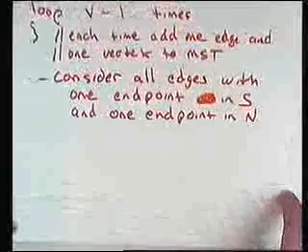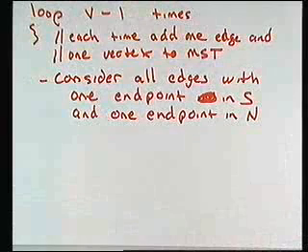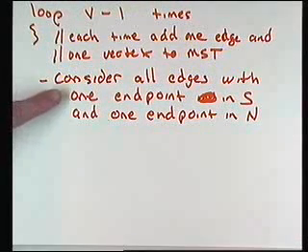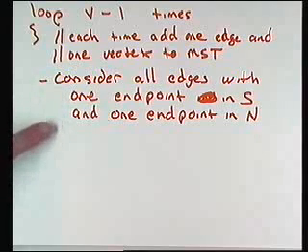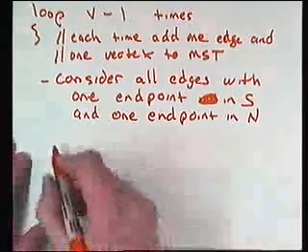So we will consider all edges with one endpoint in S and one endpoint in N. That guarantees we're always adding to the tree, but we won't be causing cycles, because the fact that one endpoint has to be in S means we're adding to the tree. The fact that one of the endpoints has to be in N means we're not adding an edge between two already connected vertices, and therefore can't cause a cycle.